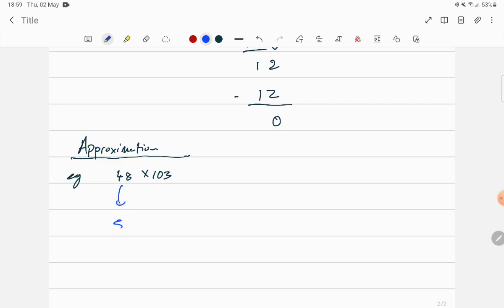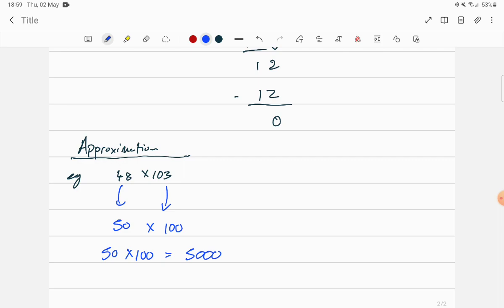So this would get rounded off to 50, and 103 would get rounded off to 100. So therefore, we would say 50 times 100, which is essentially 5,000, is approximately, or will be very close to, what 48 times 103 is.